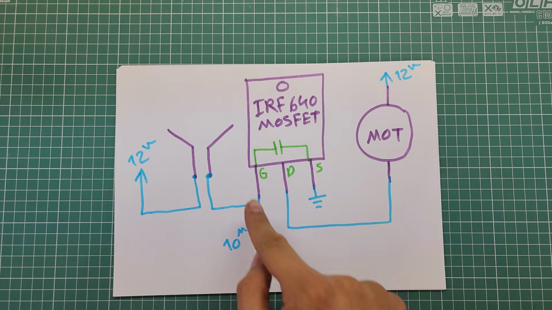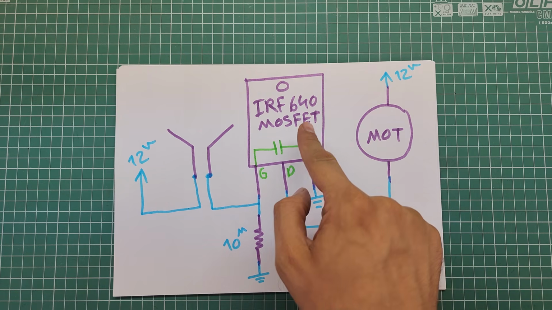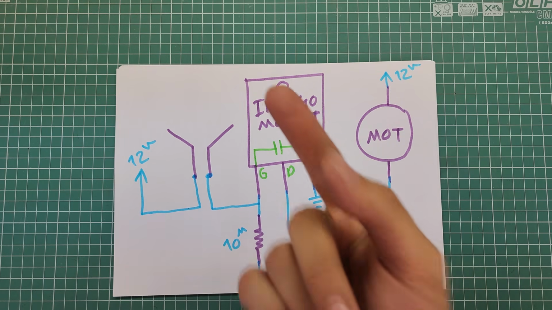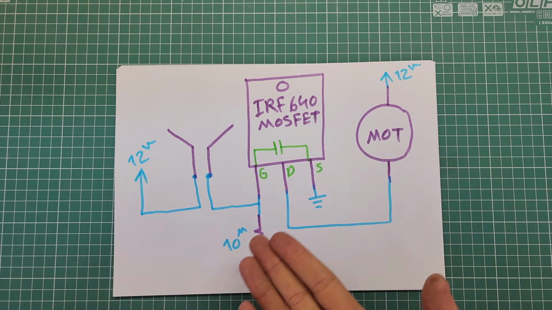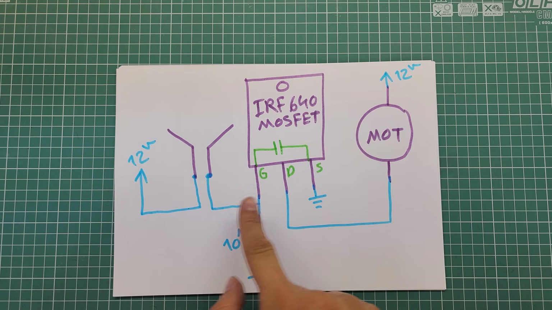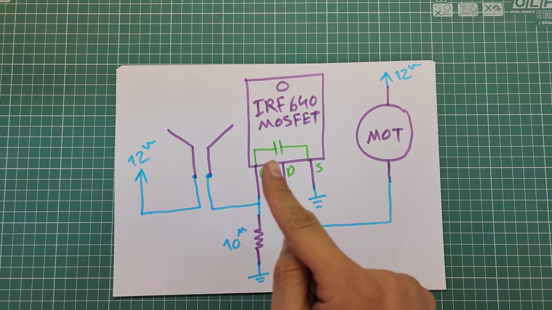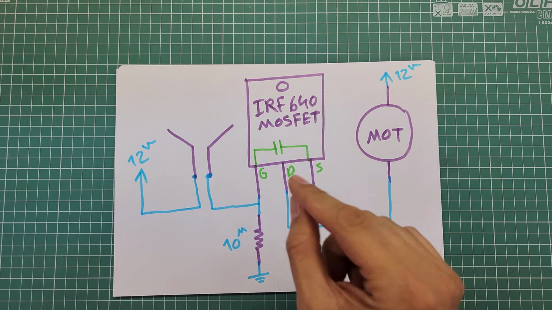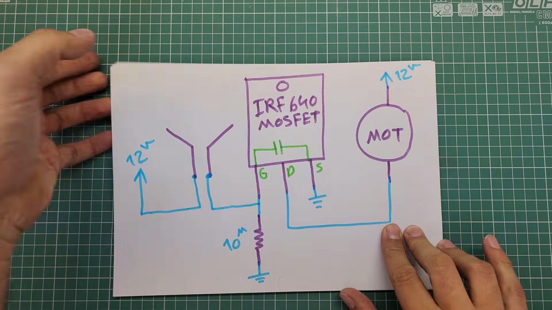Also, you need another resistor to discharge the capacitor when you put your finger away. The value of this resistor should be very high compared to skin resistance, for example 10 megaohms. So when the finger and the resistance of this resistor work together, the voltage on the gate terminal will get a suitable value and turn the transistor on completely.